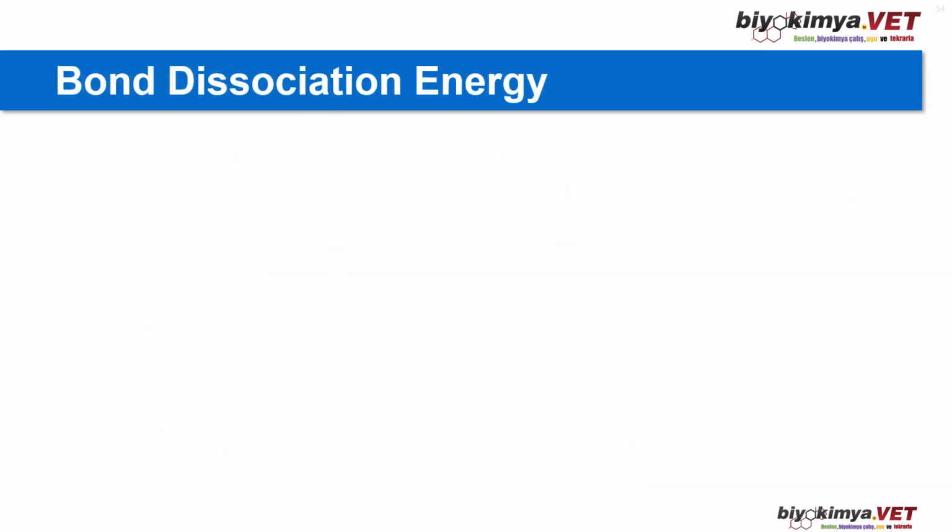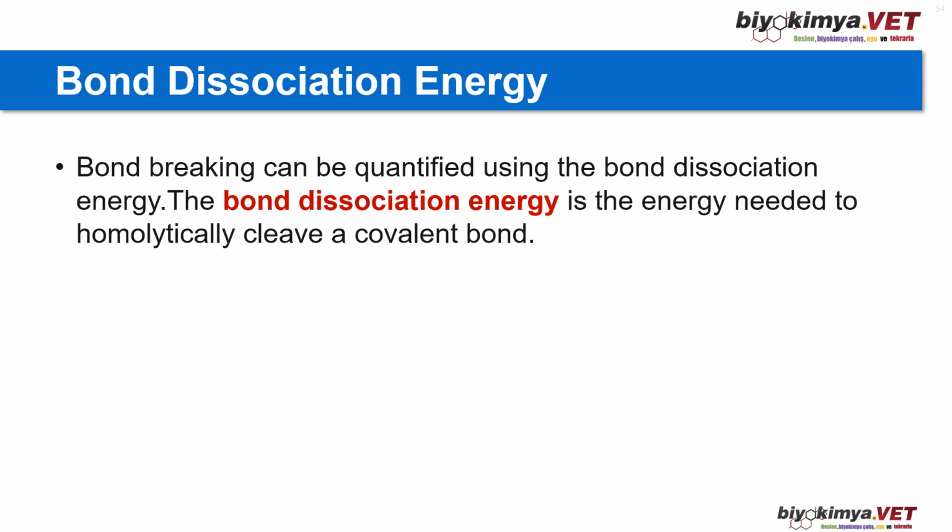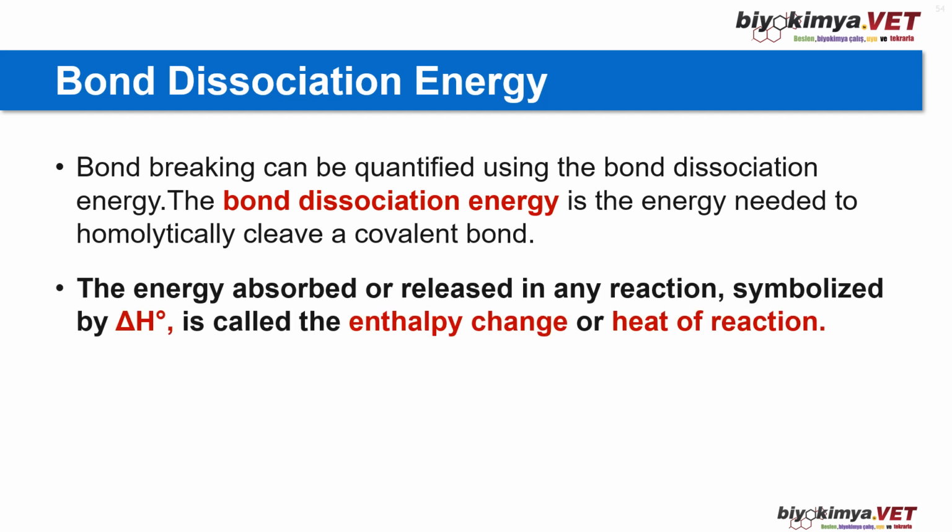Bond dissociation energy. Bond breaking can be quantified using the bond dissociation energy, which is the energy needed to homolytically cleave a covalent bond. The energy absorbed or released in a reaction symbolizes the enthalpy change or heat of reaction.